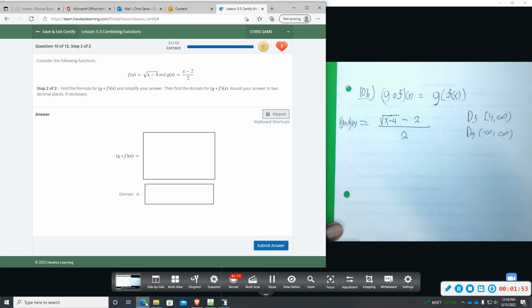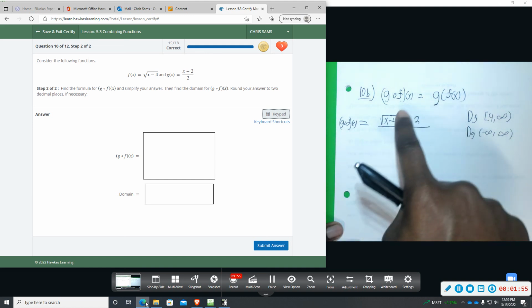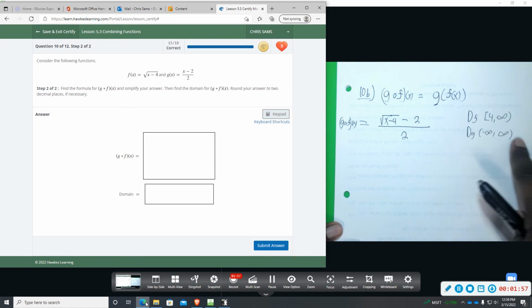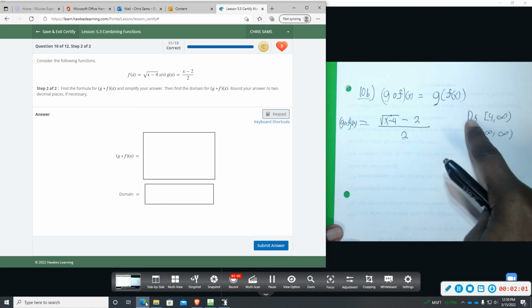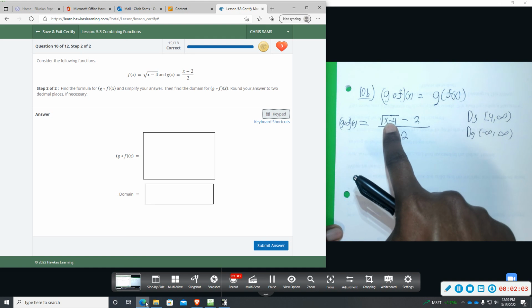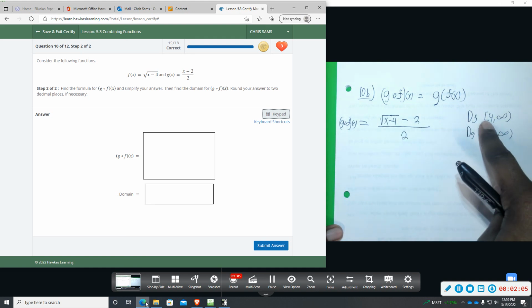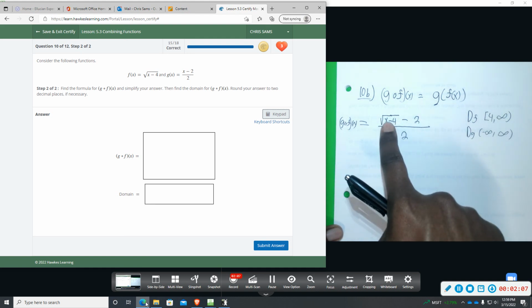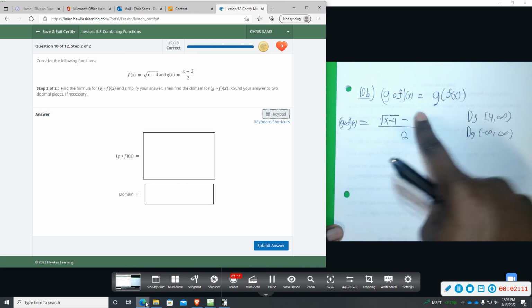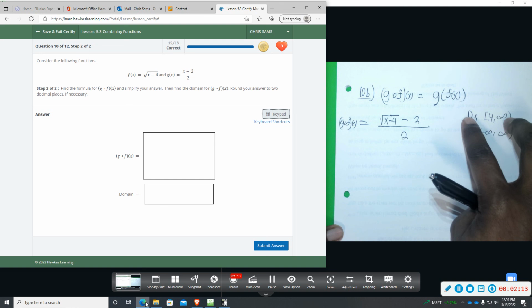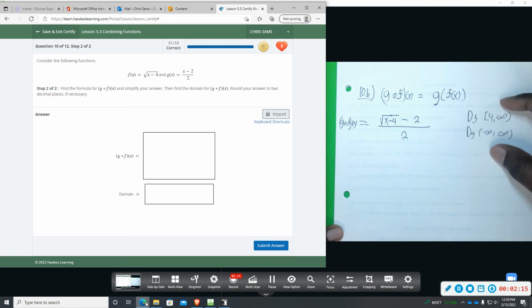So whenever I use the G equation, you could use everything. However, whenever I plug in F to this, now my restriction is, since I could not use anything less than 4 here, because it would make it negative, I still can't use it with this equation. So my domain starts here. It's kind of like the overlap.